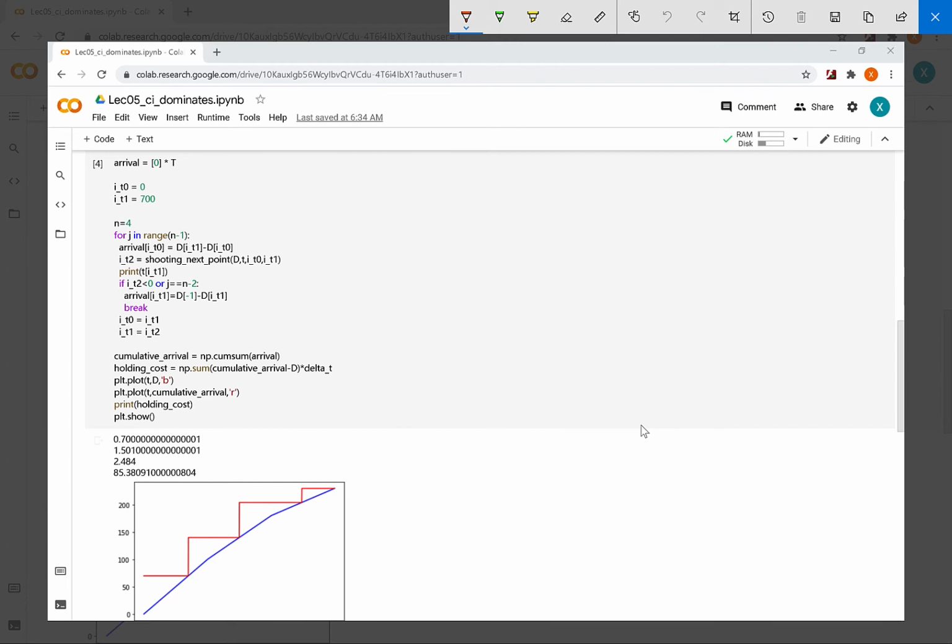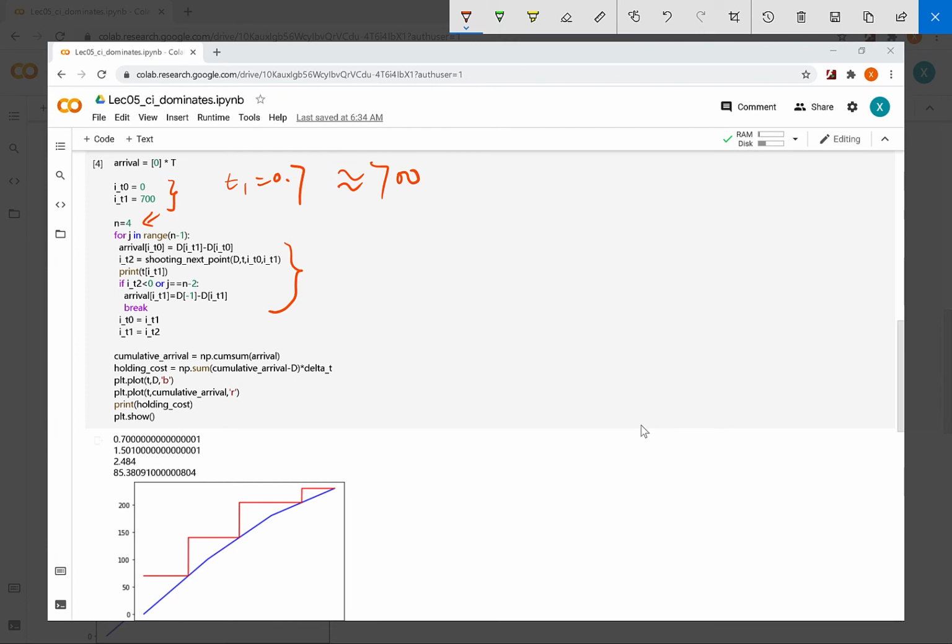So here, let's see if we utilize this shooting algorithm, how we should solve the problem we just manually solved. Similarly, we start from t1 equals 0.7. Actually, its index is around 700. And then assume we have at most 4 shipments. Then we apply our shooting algorithm as we just introduced for each shipment.